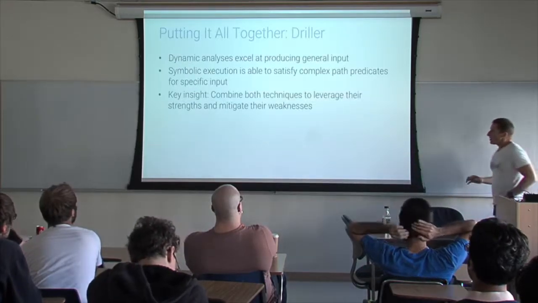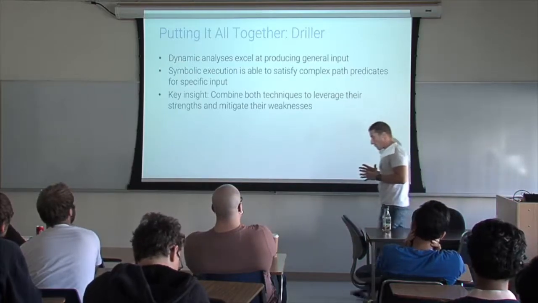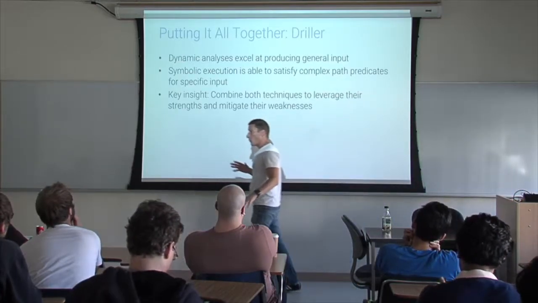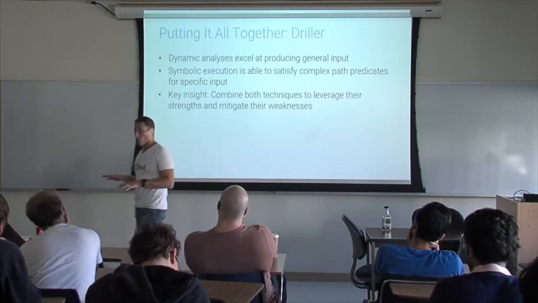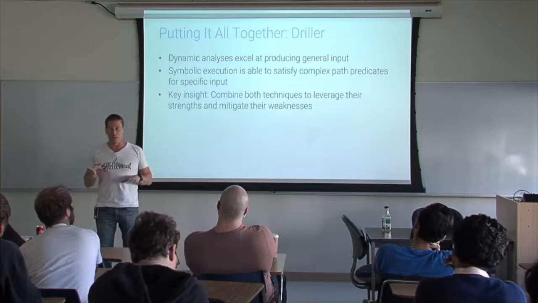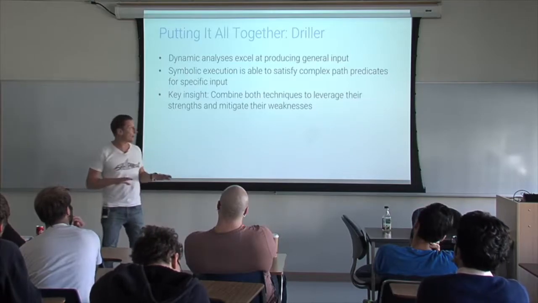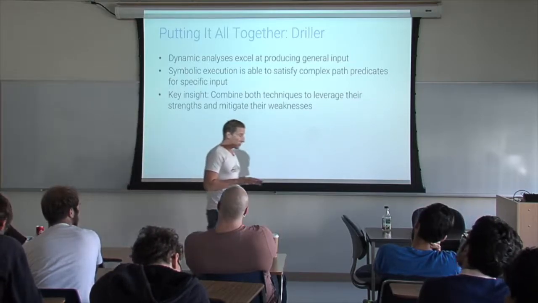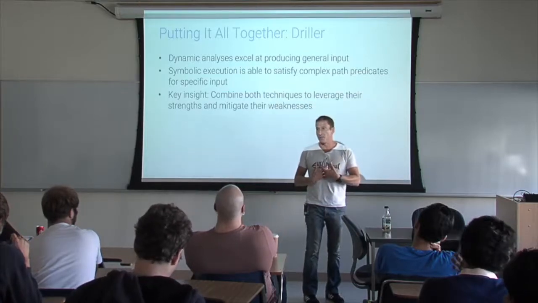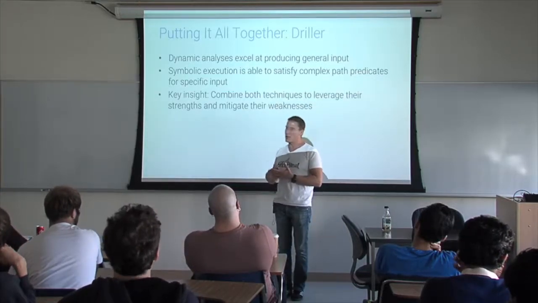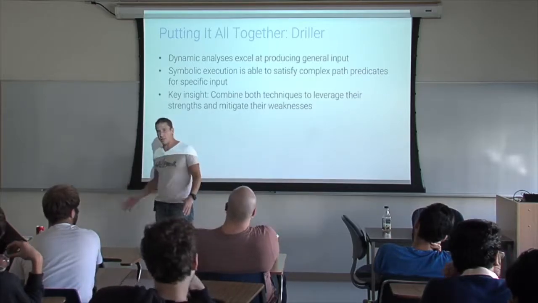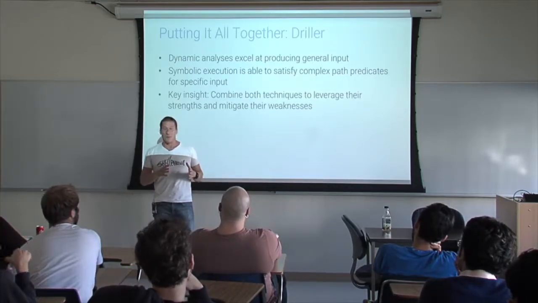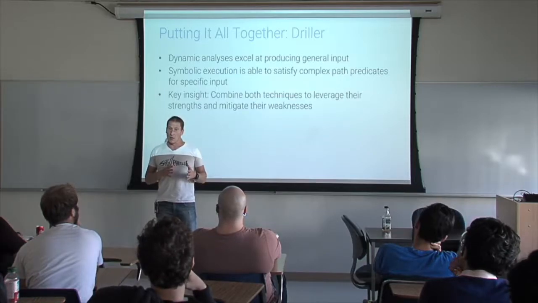So if you think about putting it all together, we saw AFL, we saw Driller. Those are two tools that are incredibly useful to find vulnerabilities, but have different strengths and different weaknesses, which are actually complementary. AFL is super efficient. You can run it on a ton of inputs, and it's going to find a ton of vulnerabilities, while symbolic execution is very targeted.